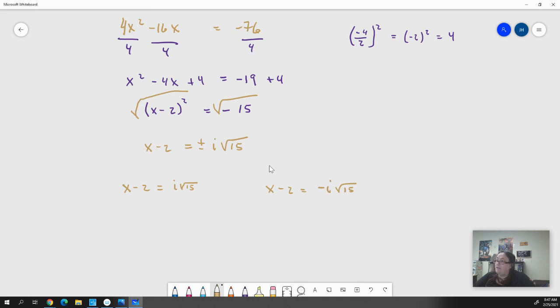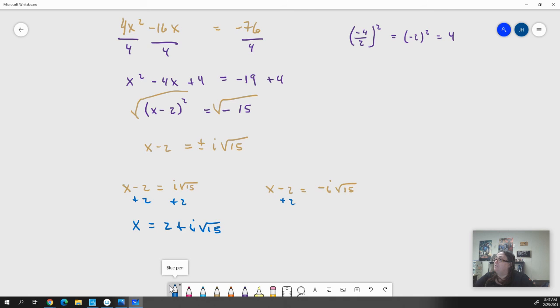And the way we handle that is we're just adding 2 to both sides. We're not going to be able to break these down too much, right? This becomes plus 2. So this is x equals 2 plus i times the square root of 15.